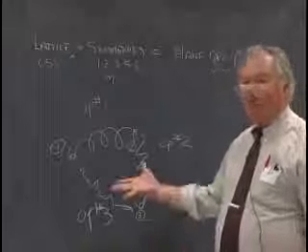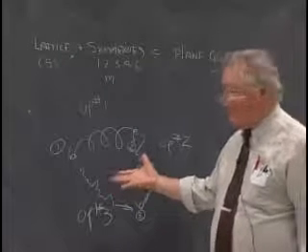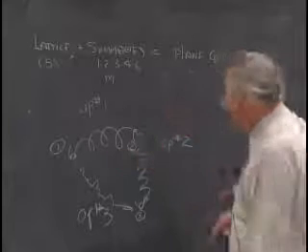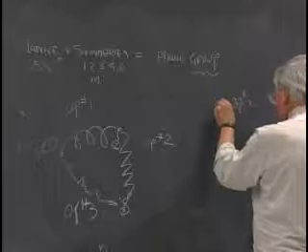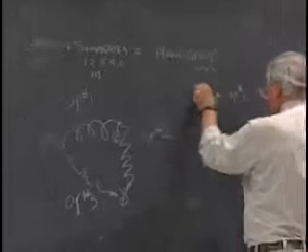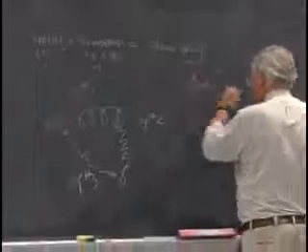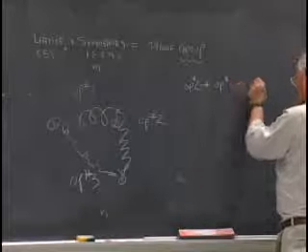So this is another truth about these symmetries. Whenever you take 2 operations and combine them in a space, the net effect of those 2 operations is equal to a third operation.